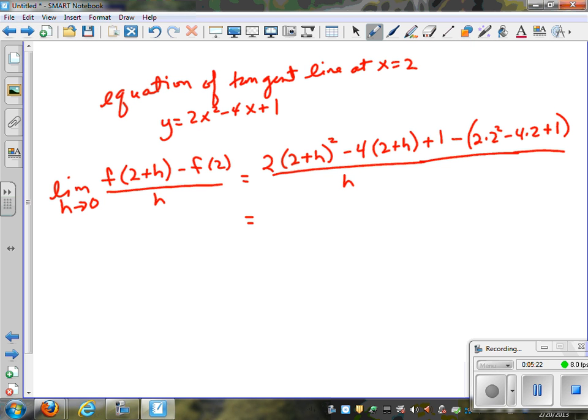I got off track. Okay, so this is going to be 4 plus 4h plus h squared, minus, and then multiply that, minus 8 minus 4h plus 1 minus.